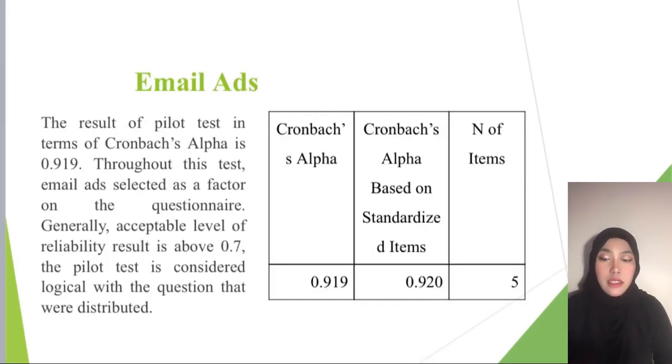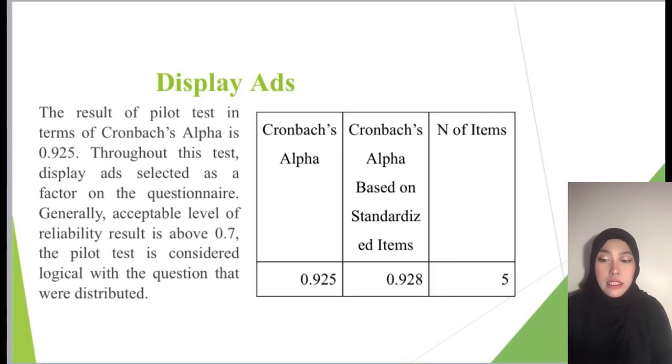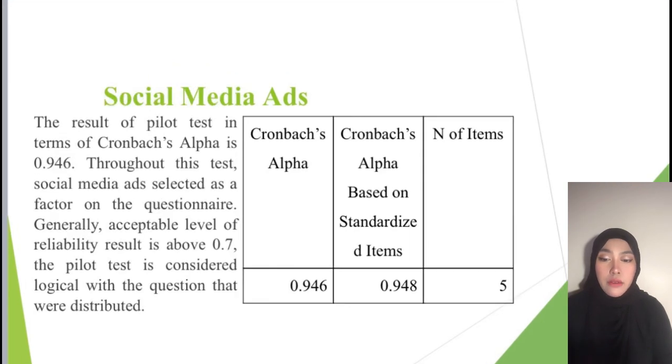As we can see, the result of the pilot test in terms of Cronbach's alpha is 0.919 for email ads. Second is 0.925 for display ads, and for social media ads the result is 0.946.